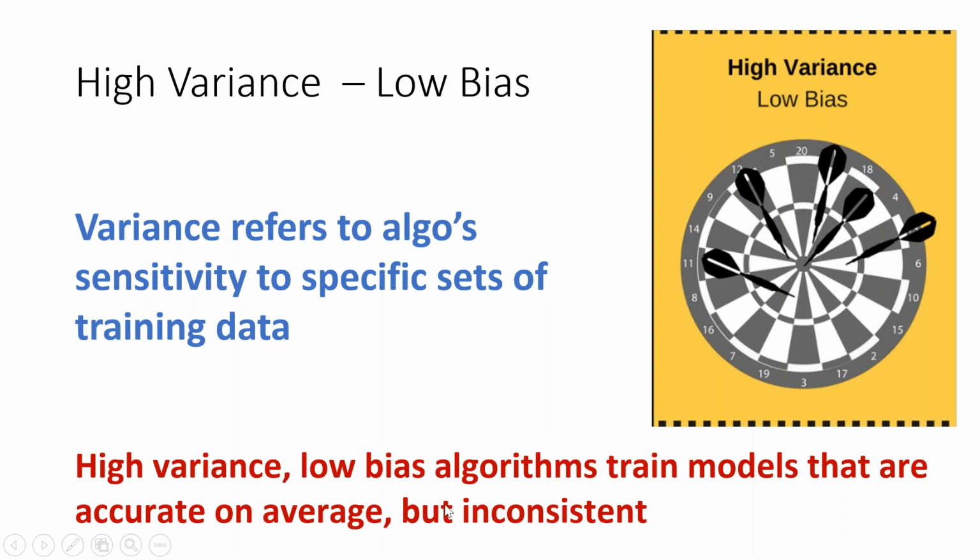So basically high variance, low bias algorithms train models that are accurate on average but very inconsistent. So both are problems. High variance, low bias algorithms create the overfitting problem. High bias, low variance algorithms create underfitted models.